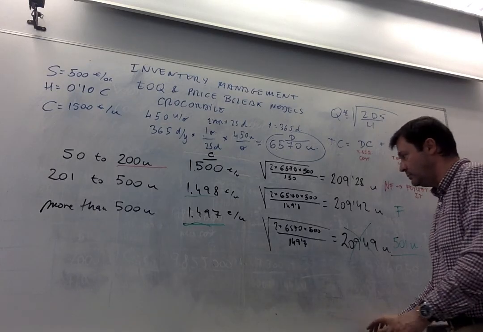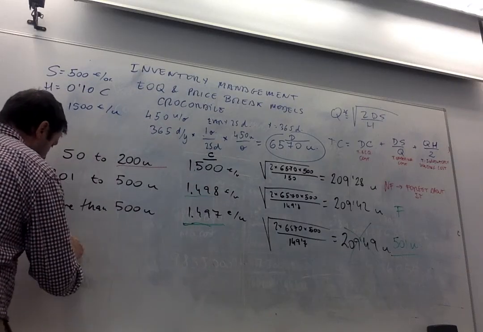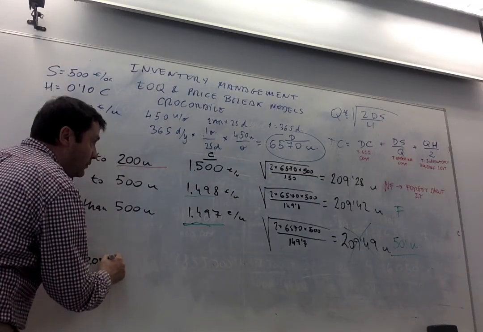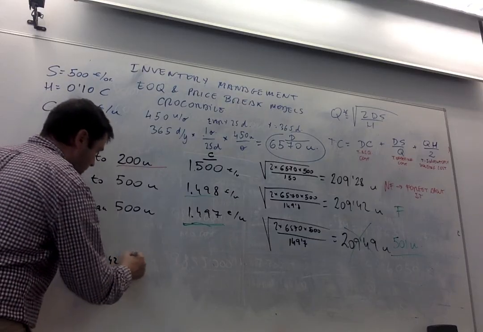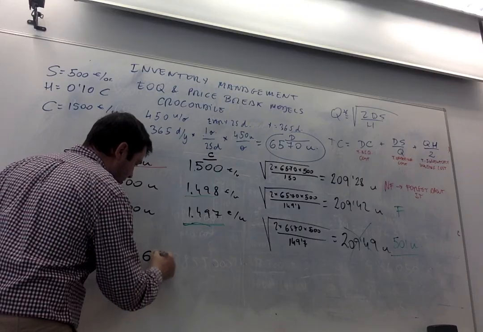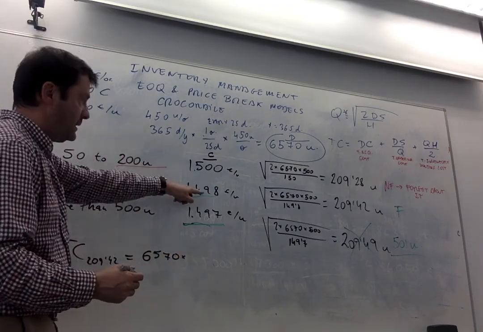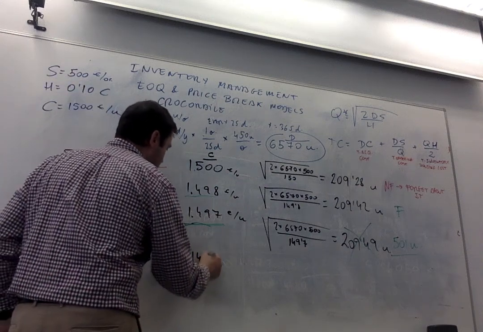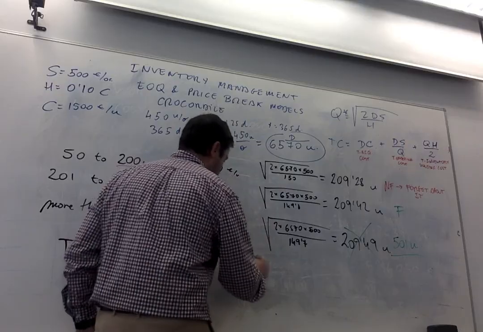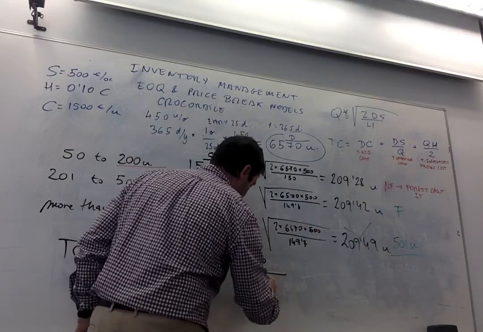So we will do the equation. Total cost for 209.42 will be the total acquisition cost, 6570 multiplied by this acquisition cost 1498, plus the total demand divided by the order size.